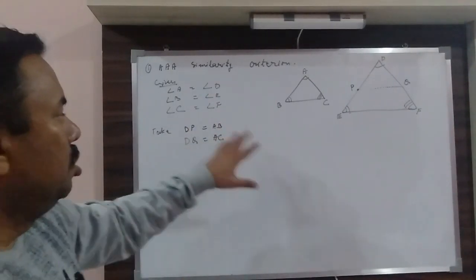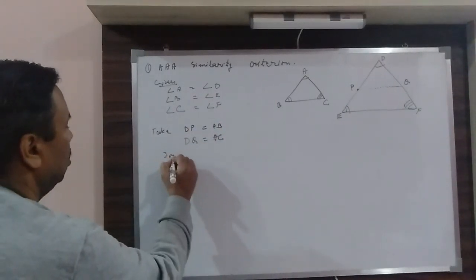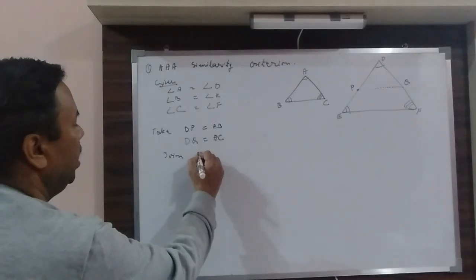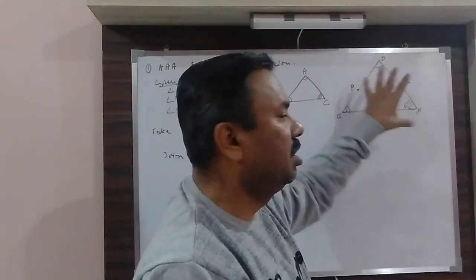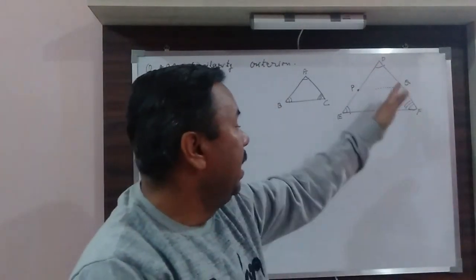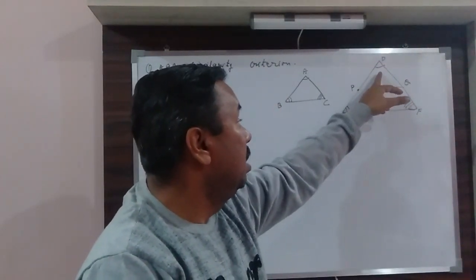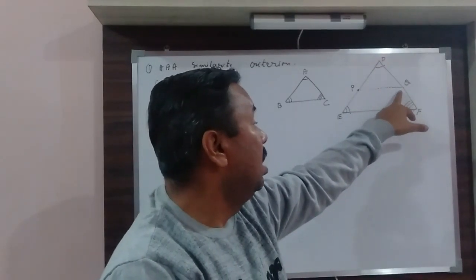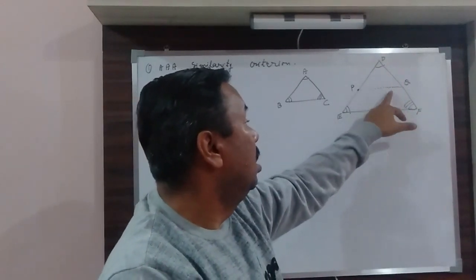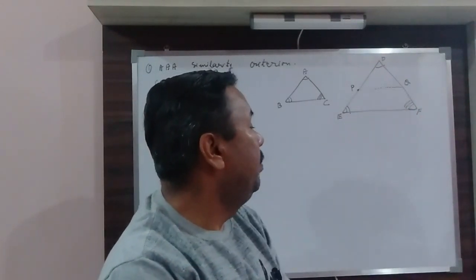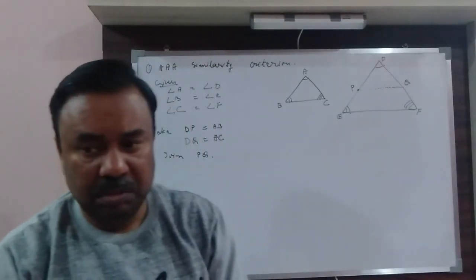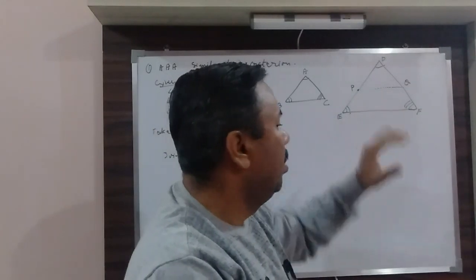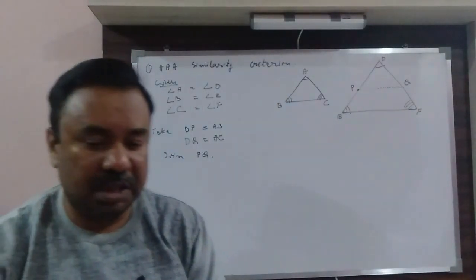Okay, and then join PQ. Now in this triangle, what you are seeing, it can be seen that if they are dividing these sides in the same ratio, then this will be parallel to this.